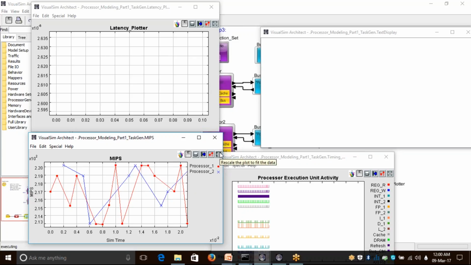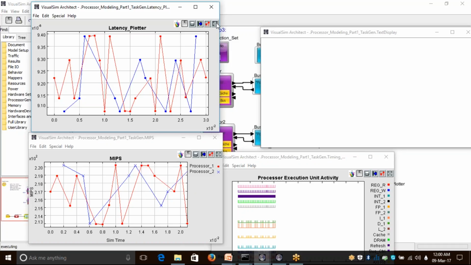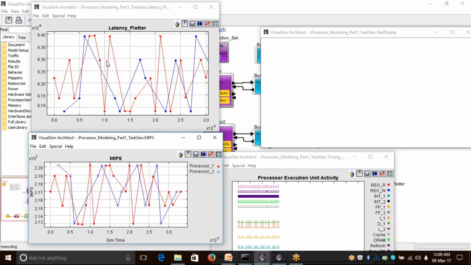So you may have a dedicated floating point execution unit so that you can meet your performance requirements. And in the earlier case, we were looking at a latency of close to 5 microseconds, but now my maximum latency is about 9.4 microseconds.